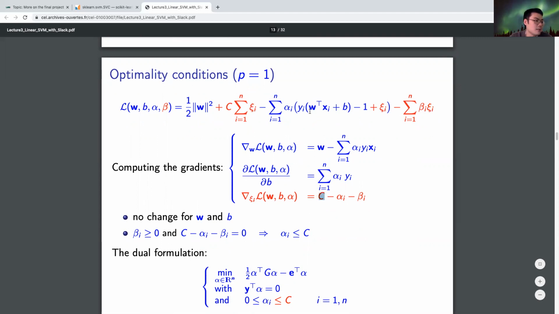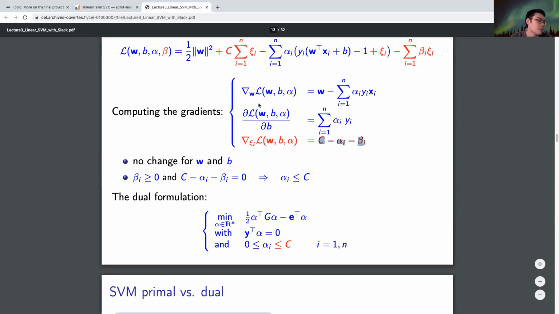In this term we also have this variable and the associated alpha i's with negation sign, so we get this. Finally, for this sigma i, the coefficient is negative, so we have this. These are the partial derivatives.